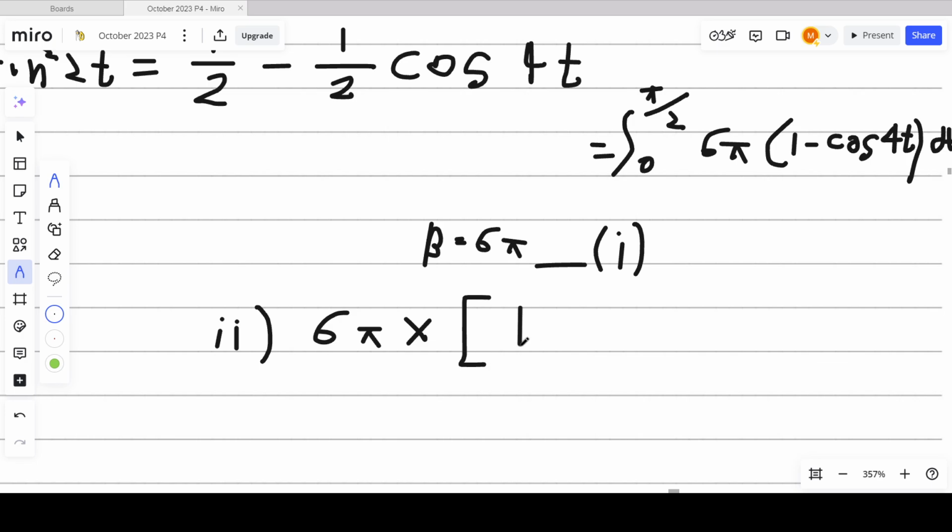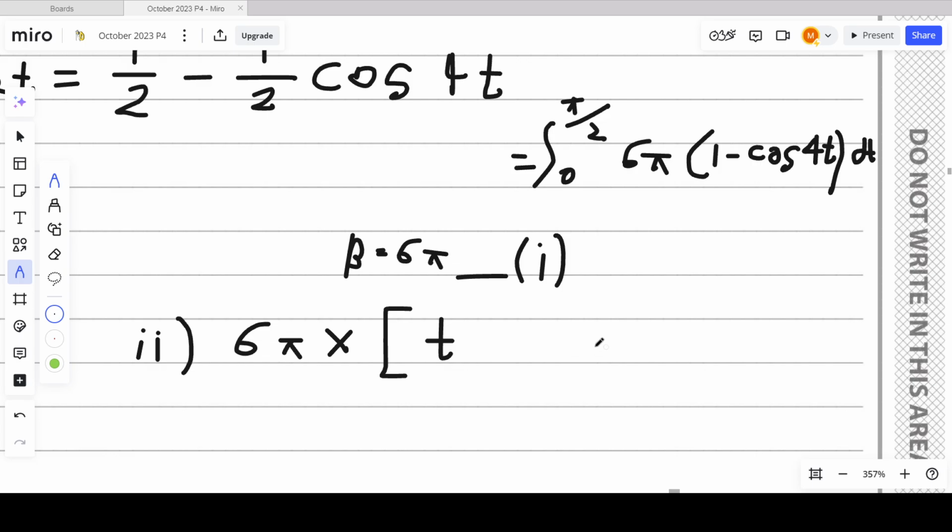We'll get t, the integration of 1 is t, and negative cos 4t. The integration of cos 4t would be sin 4t, using reverse chain rule. The differentiation of 4t is 4, so use this derivative to divide the coefficient. It was negative 1, so negative 1 over 4 sin 4t.